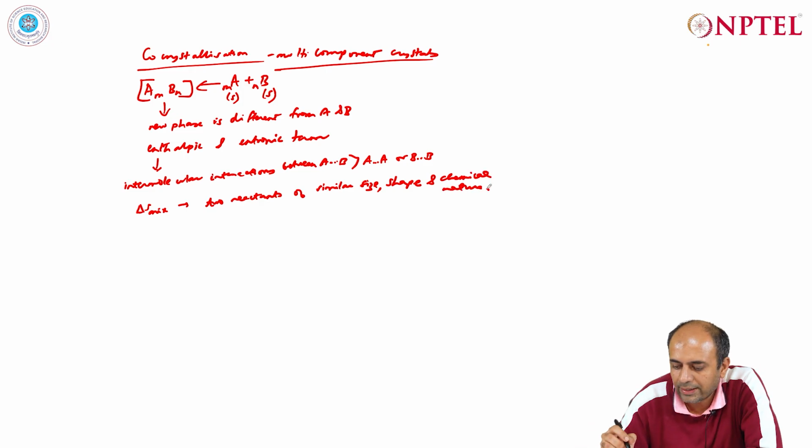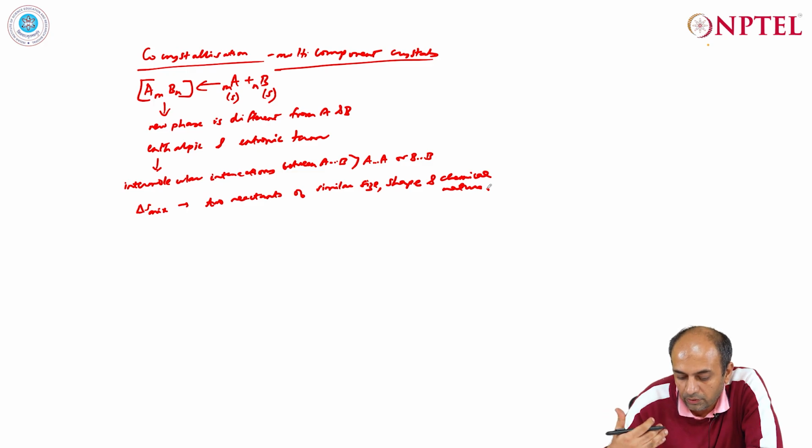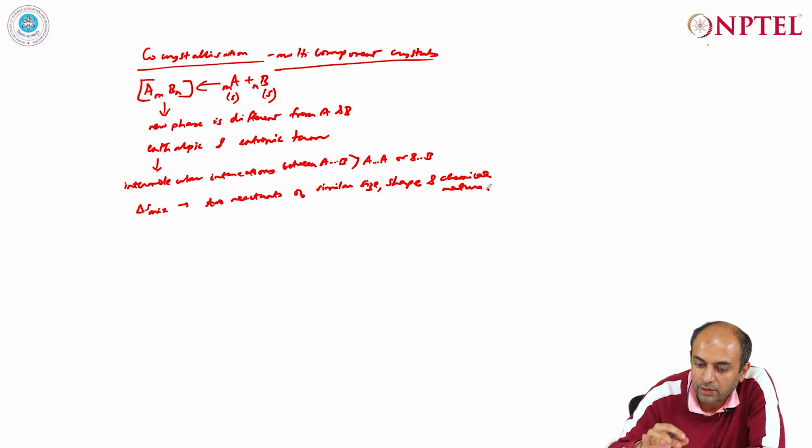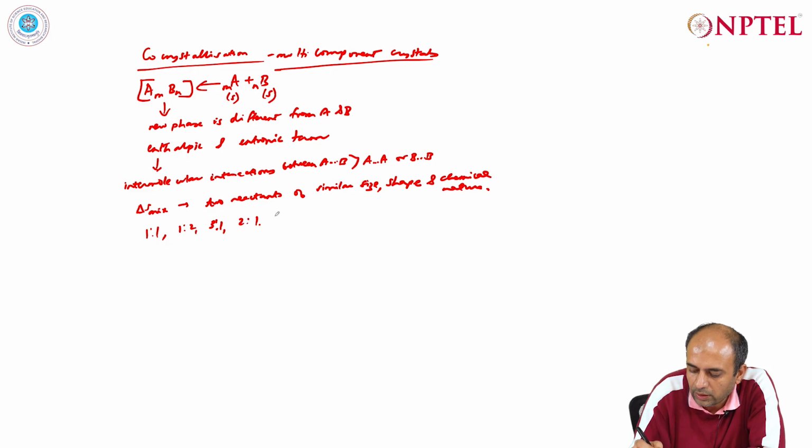So, when we have two reactants which have got similar size, shape and chemical nature, and we mix them in a certain ratio, then the formation of the resulting phase is driven by the entropy of mixing as well. And co-crystals have got a definite composition. They can exist in defined stoichiometric ratios, for example 1:1, 1:2, 3:1, 2:1, etc.